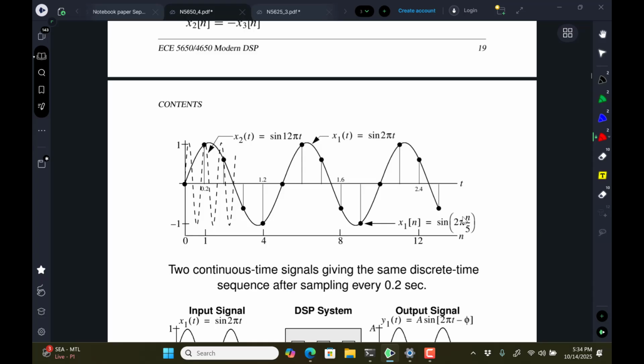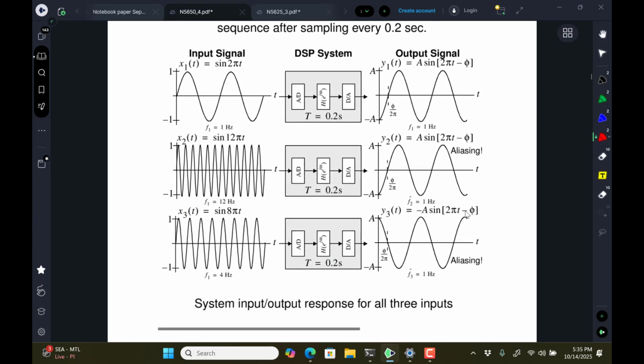Two of them lie on top of each other, so there are only two waveforms actually shown. And if you were to look at all three of these, it's as if you were sitting in the lab and fed in the 1 hertz signal. It comes back out with an amplitude shift and a phase shift from the filter, and the 4 hertz and the 6 hertz also do.